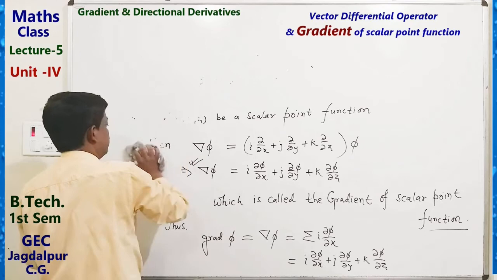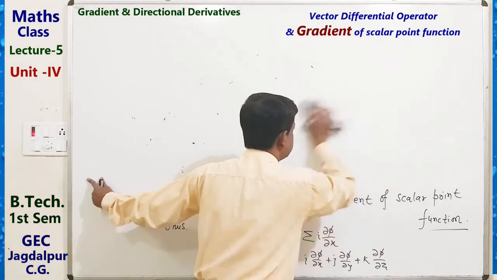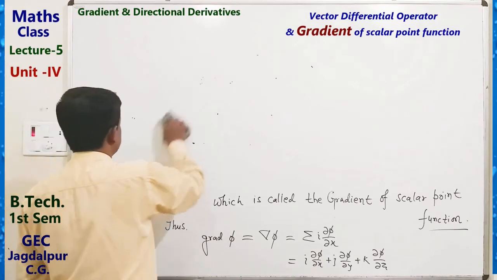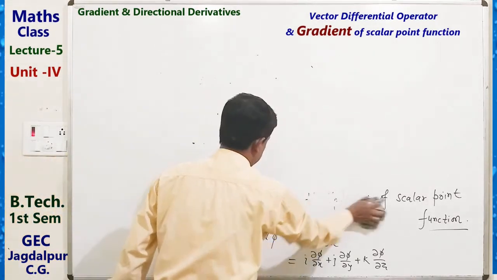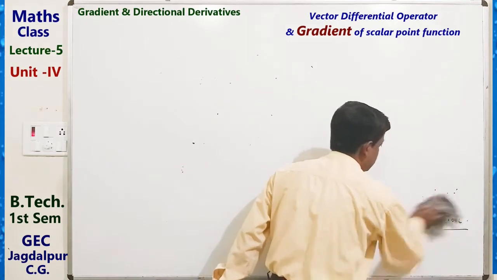Gradient means the del operator applied on a scalar point function, and a vector quantity means having direction and magnitude.